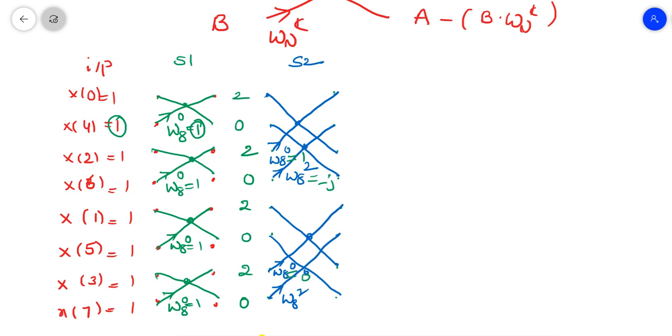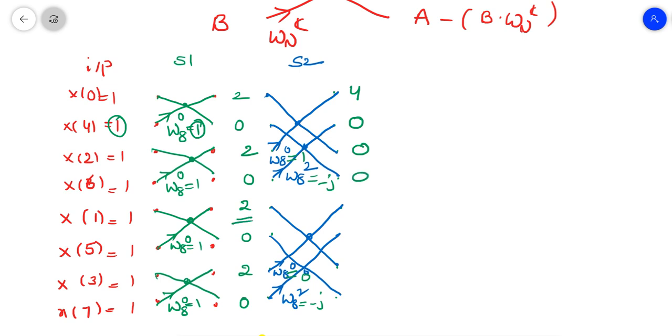Now you follow the same approach. Here this 1 is multiplied with 2 and added, so after adding the result is 4, and this 2 and 2 subtracted gives 0. So 0 and 0.